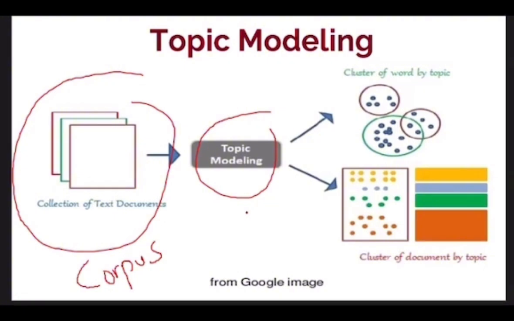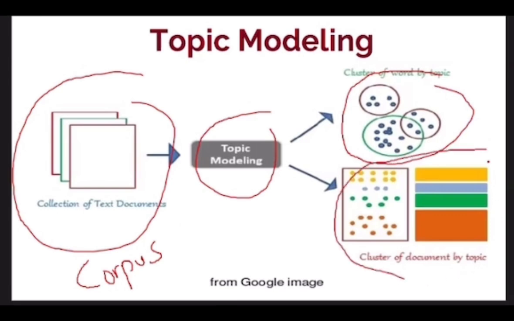So what is happening? You can see that the model enables us to split a document into pieces, into clusters of words by topic, because a group of words that come together make a topic. Does that make sense? So you're going to have clusters of words by topic, and you're also going to have clusters of documents by topic.